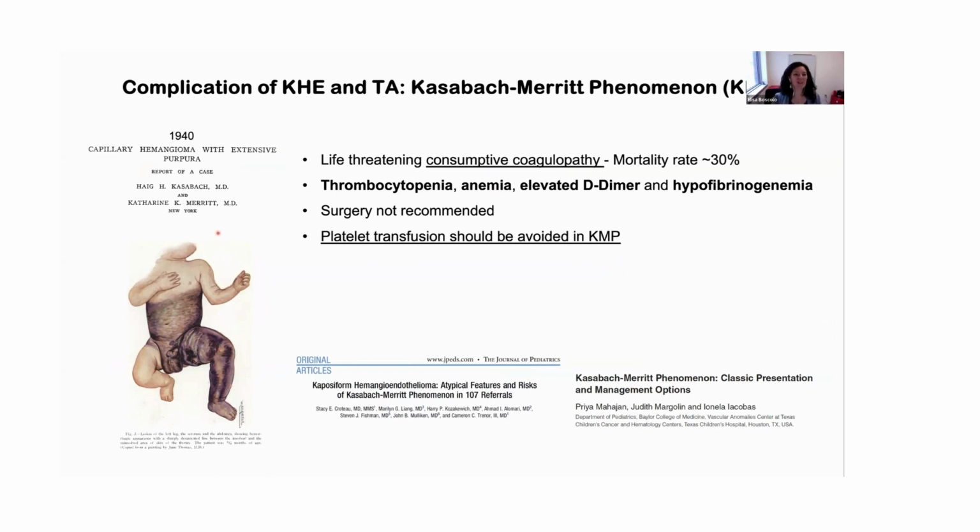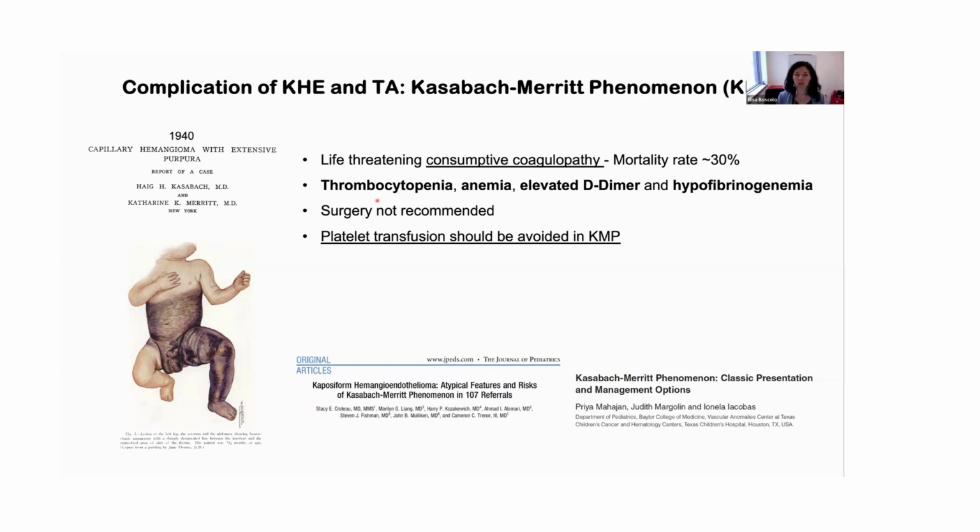So we are lucky nowadays. At least I'm very bad at making drawings. So, and again, this is a consumptive coagulopathy that in 30% of cases can lead to death. And it's associated with about 80% of cases of KHE and 30% of cases of tufted angioma.